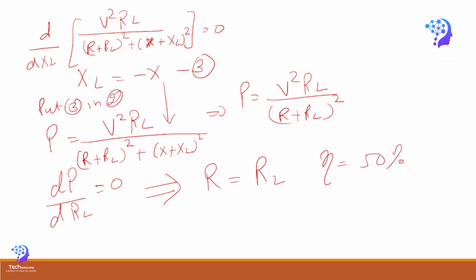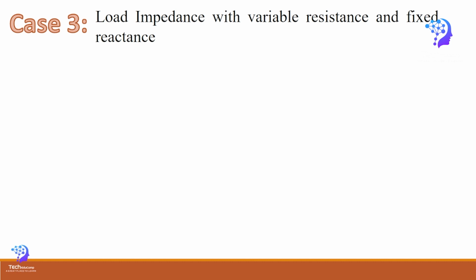Okay, so let's move on to case number 3, where we have a load impedance with a variable resistance and a fixed reactance. So I have this circuit. In this I have an impedance R plus jX, but this time I have a fixed reactance.